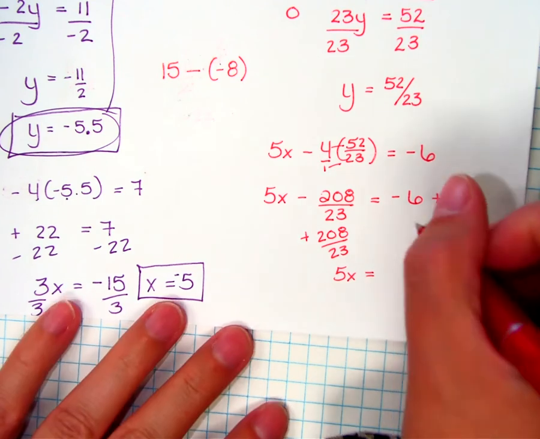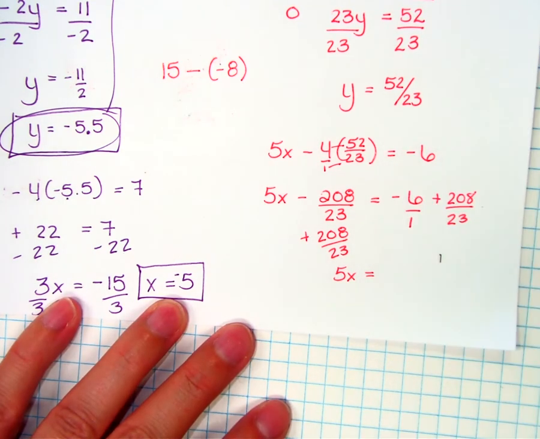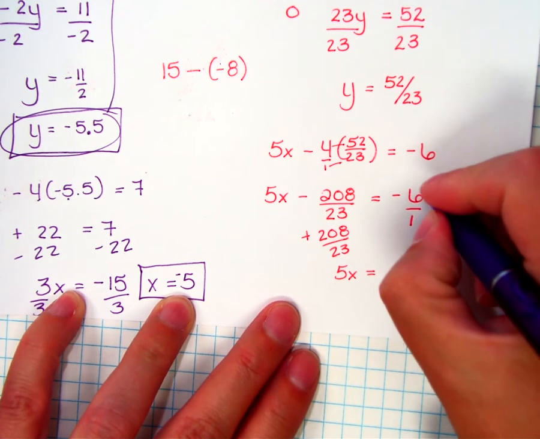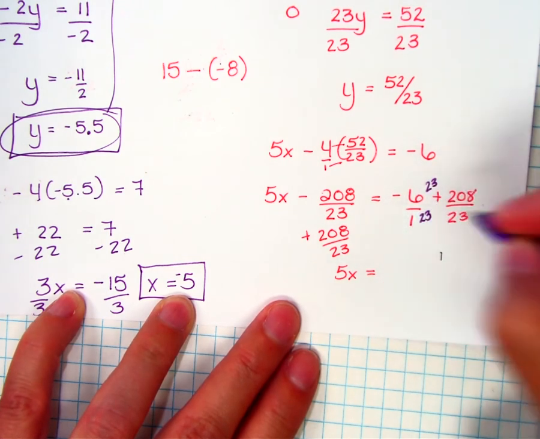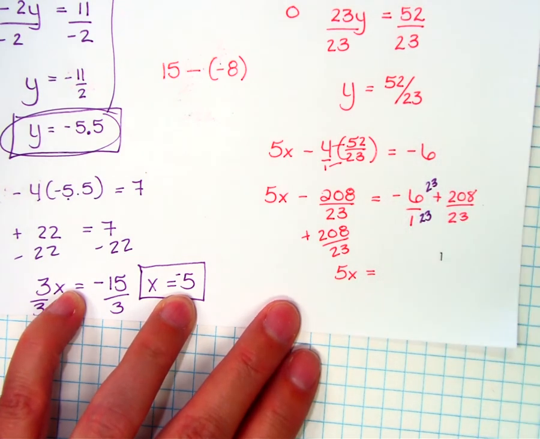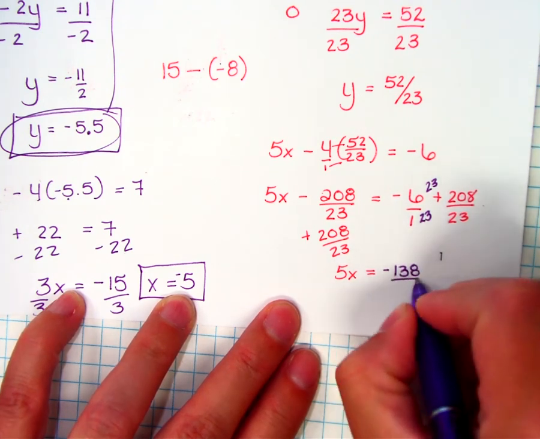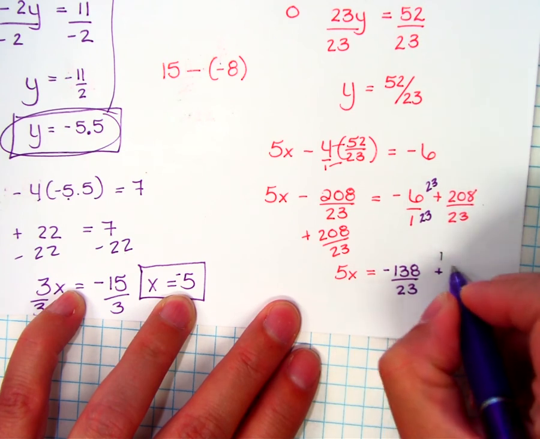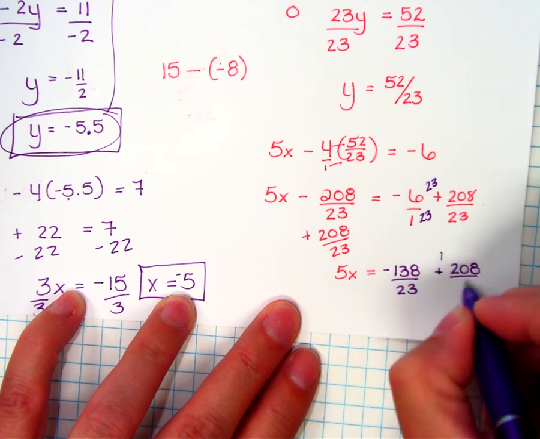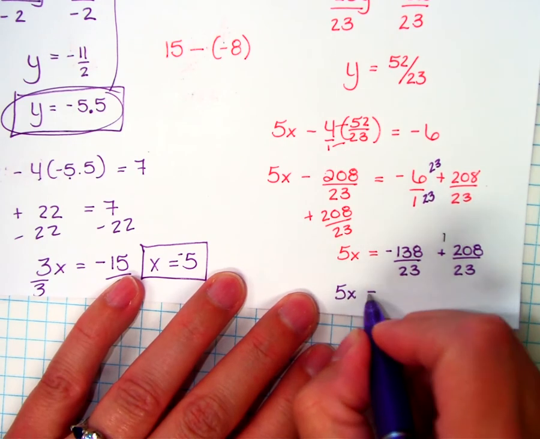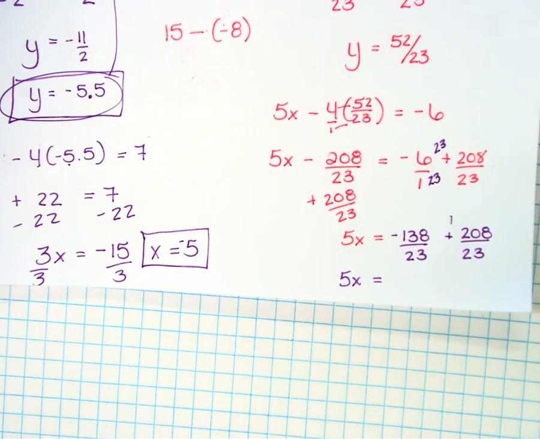They need common denominators. So I'm going to have to times this one by 23 on the top and 23 on the bottom. Oof, what's 6 times 23? So negative 138 over 23 plus 208 over 23. I might need more room.